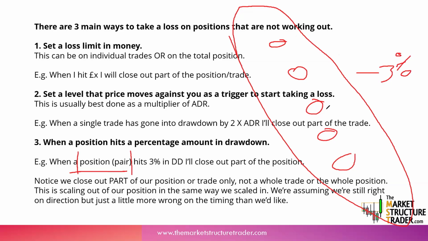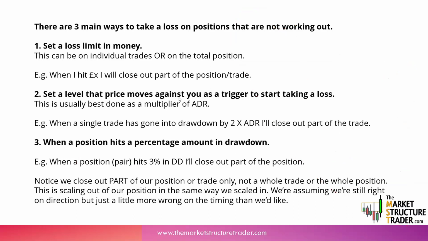Then we will start to do drawdown control on parts of the position. So we could close out that bit and that bit maybe and take a bit of loss on that. That leaves us with these, which removes our drawdown, makes it like 2% or maybe 1%. Don't know, whatever it is. Okay. But those are the three ways that you can enact drawdown control. You're going to need to do it at some point.